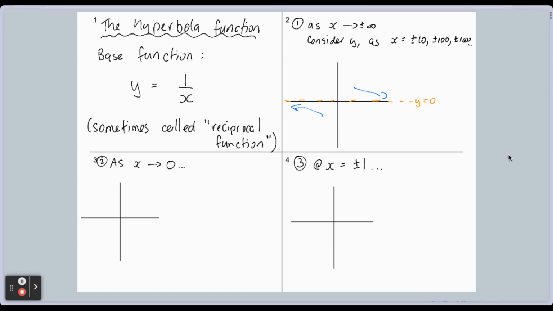So as we approach 0, we are going to get a larger and larger value of y. And so we have this kind of thing happening, it getting bigger and bigger as it approaches 0.